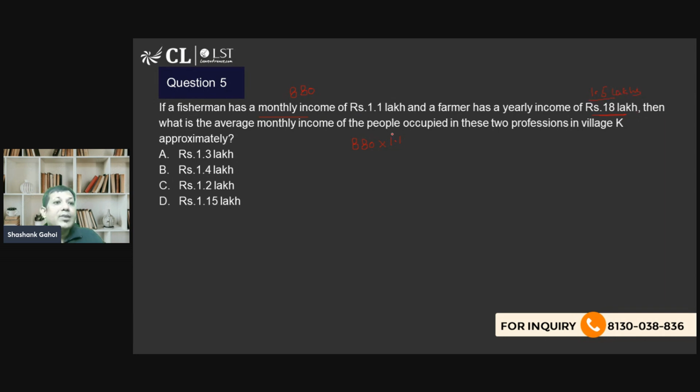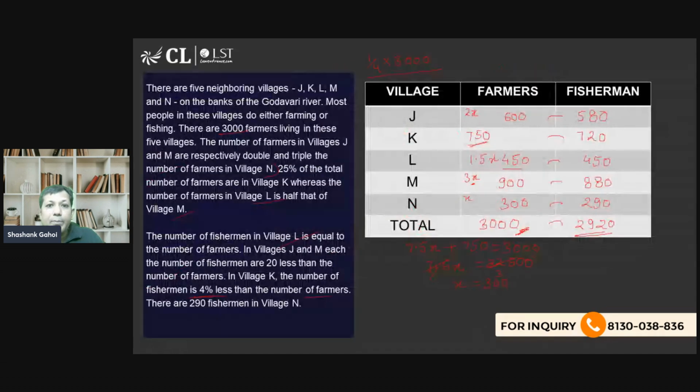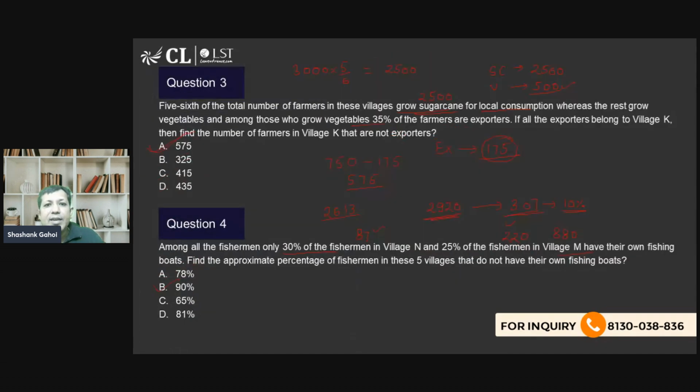Okay. Then what is the monthly average income? The question is not talking about the annual income. It is talking about the average monthly income occupied in these two professions in village K approximately. Okay. So basically in village K, what is the number of people? 750 and 720.